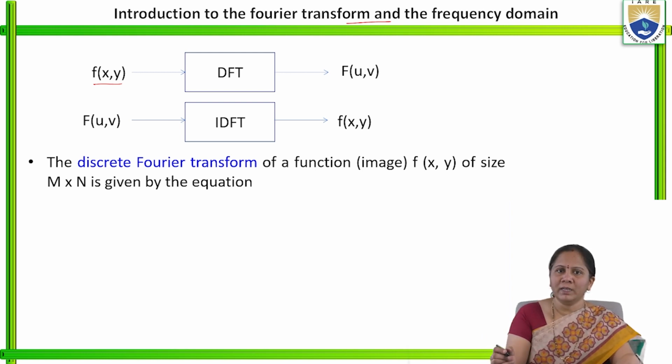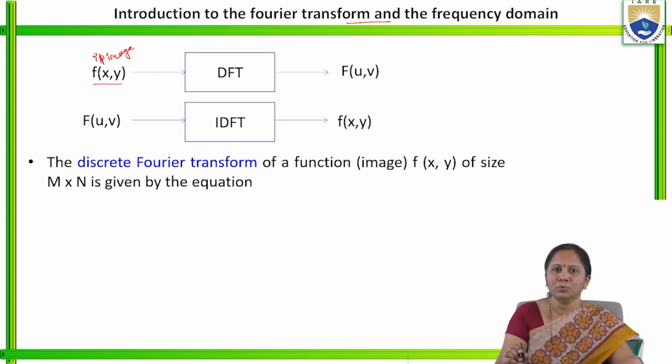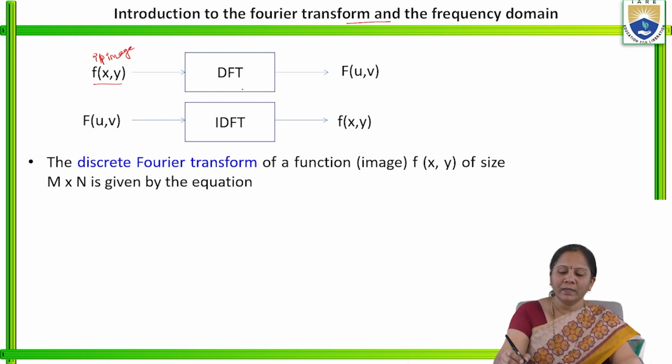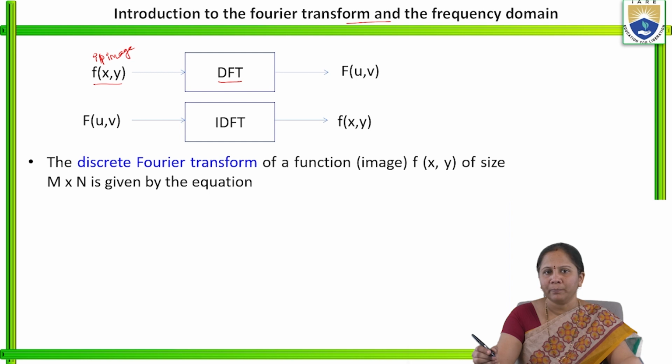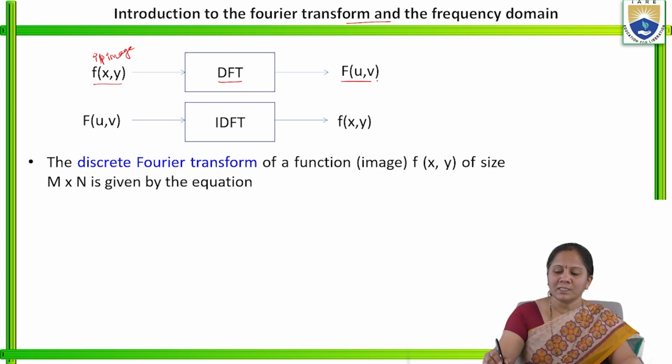In order to perform that entire operation, we have considered f of x comma y, which is the input image, represented with the function f of x comma y. Here x and y are the two coordinates of the image. If the discrete Fourier transform is applied, the image will be converted into some other format, which is represented as f of u comma v.